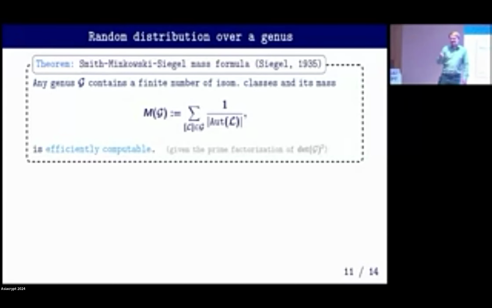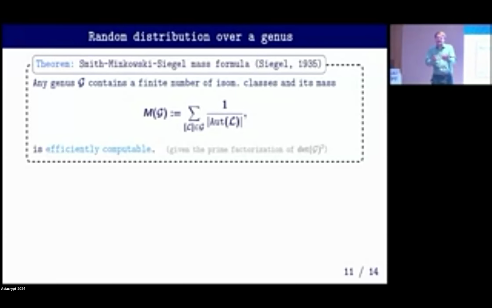This says that any genus contains a finite number of isomorphism classes, and we have this quantity called the mass of a genus, which is just the summation over all these isomorphism classes of 1 over the size of the automorphism group. This is a quantity that in general you cannot compute just by enumerating the genus because it can be very large. But for this total mass we have formulas.